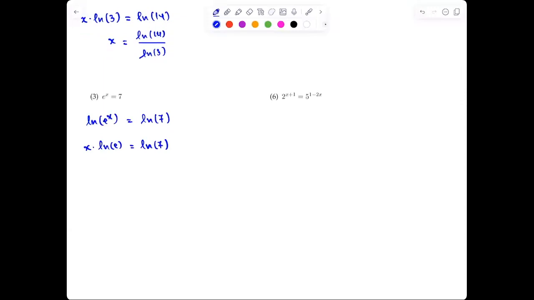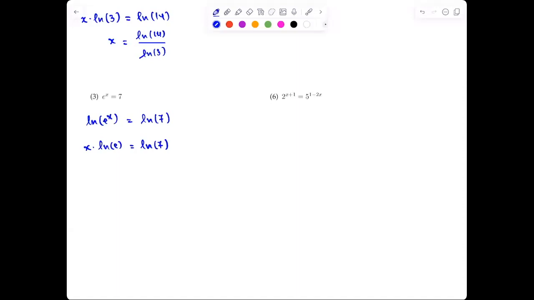Now, what is ln of e equal to? ln of 5 is 2.57, but ln of e is not that.